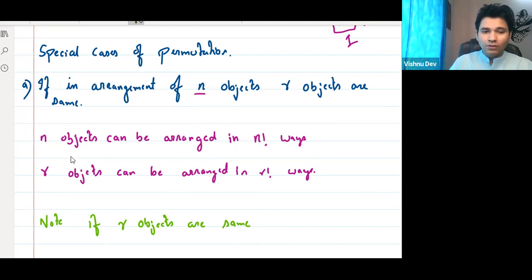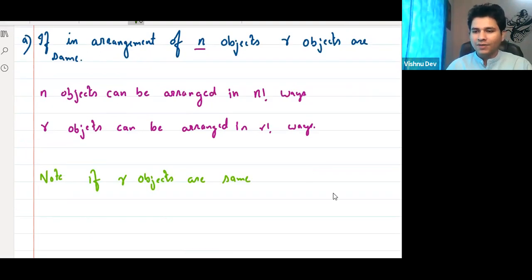No, if r objects are the same. Very good. N factorial divided by r factorial. No. Guys, you don't have to think about n. Don't think about n. Just think about this.